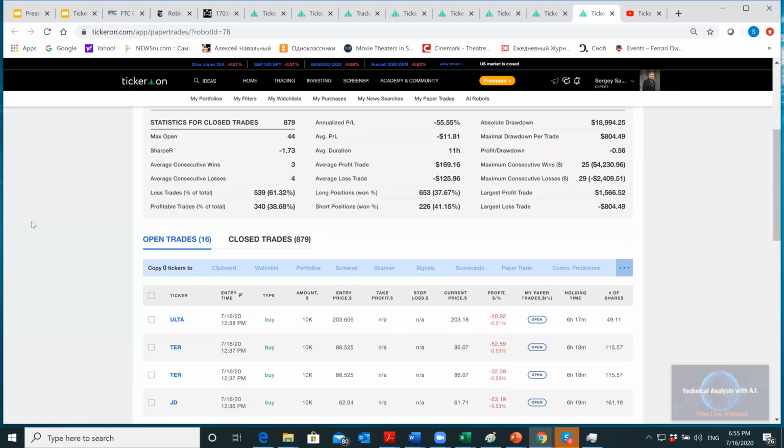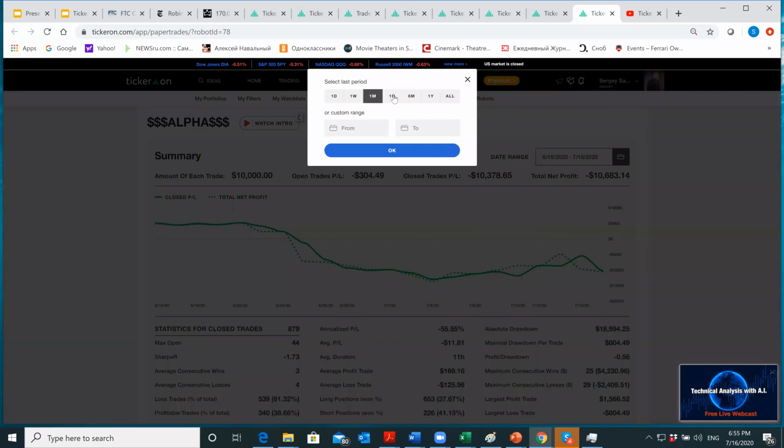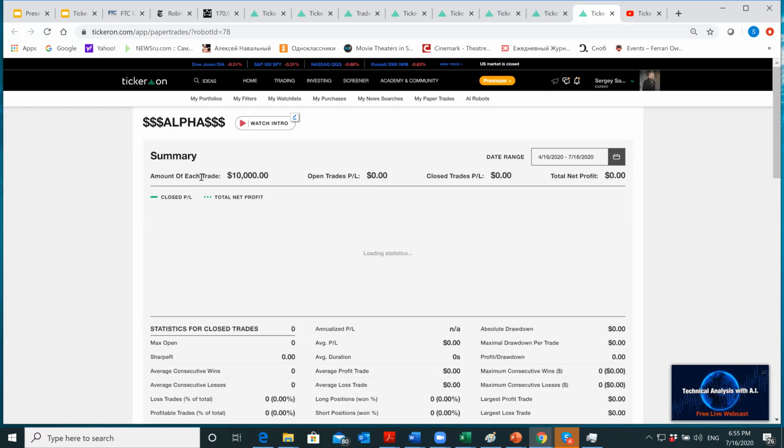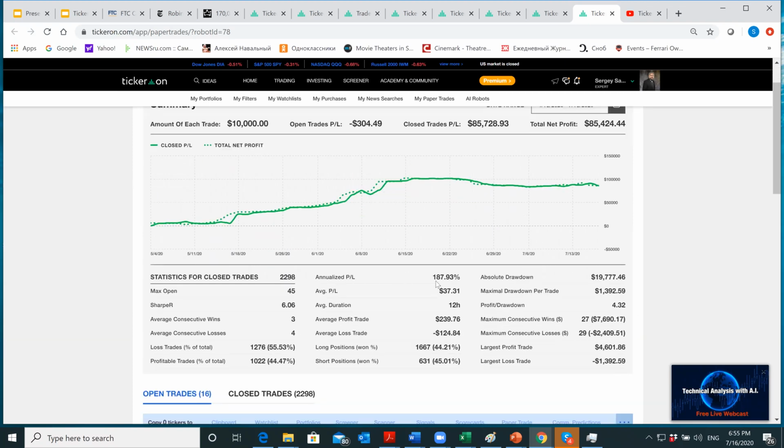So last month looks like it was not successful. Let me see if it was better. Yeah, you see, for the quarter, it did well, but now it has kind of stabilized. For the quarter, with no person involved, 85,000 were made with an annualized return of 187.